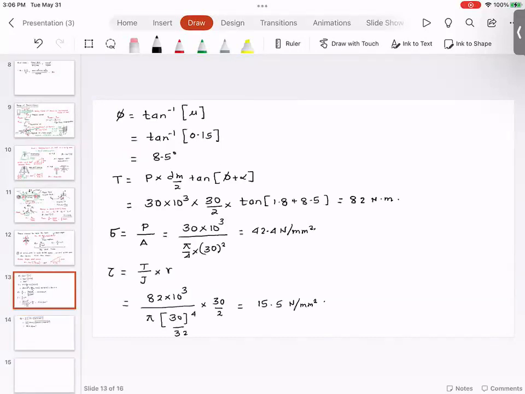So as you can see in this problem, first we have to find out the torque that is needed to raise the load. From the torque, we'll find out the shear stress that is in the screw. Then we have to find out the normal stress. This is normal stress.